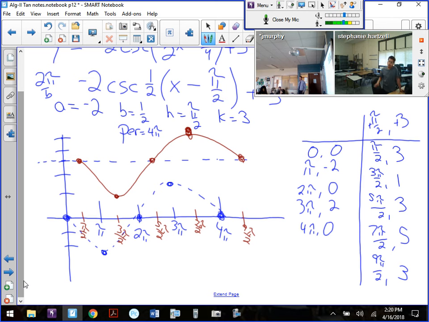And then what do I do at all the zeros? They just become asymptotes. Zeros become asymptotes. If that's a minimum at 3 pi over 2, it is now a maximum for the cosecant.